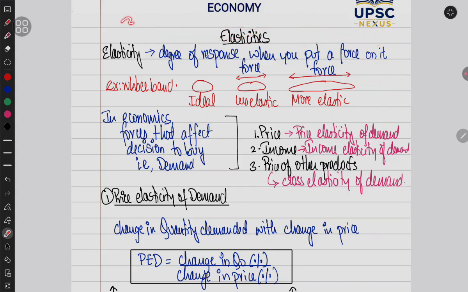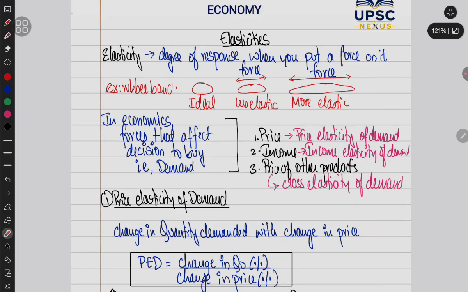So this means how demand changes to the force applied. So what are these forces? There are three forces: one is income, one is price, and another is cross elasticity. These are the three factors which affect the elasticity of demand.